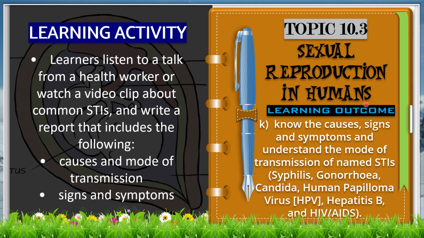We are looking at learning outcome K. Know the causes, signs, and symptoms, and understand the mode of transmission of named STIs, sexually transmitted infections: syphilis, gonorrhea, candida, human papilloma virus, HPV, hepatitis B, and HIV/AIDS.